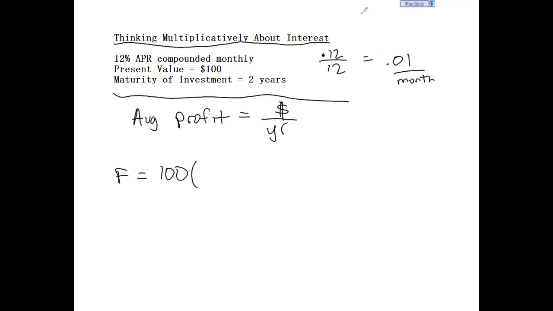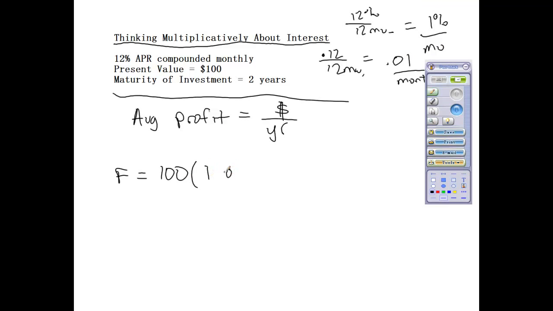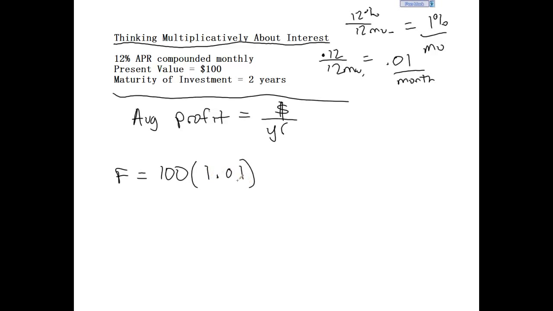I mean, 12% over 12 months is 0.12 over 12, so this is 1% per month, or 0.01 per month. That means our growth factor is 1.01. Remember, the thing we multiply by is called the factor. The actual amount of additional basis is called the rate. So we have a 1% monthly rate.